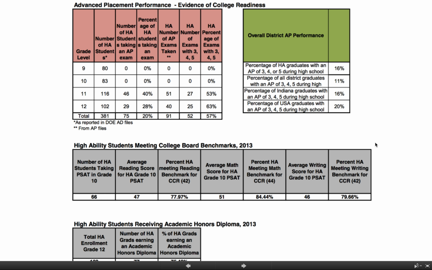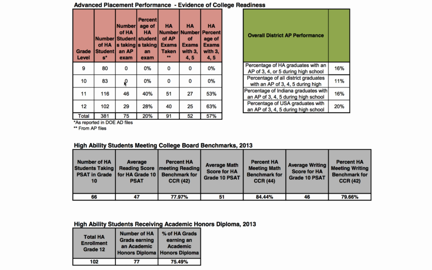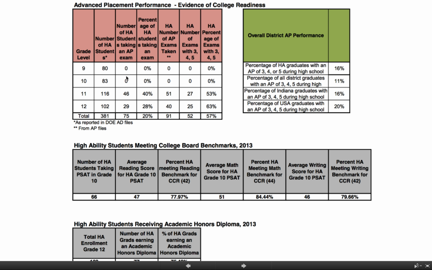And then on the top, we have the AP data. And this tells you at each grade level how many kids are taking the exam and how many high ability kids are taking it and how many high ability kids are passing it. And so you can see this district doesn't offer any AP to 9th and 10th grades. That would be something to comment on. And then over here, you have the overall district performance.